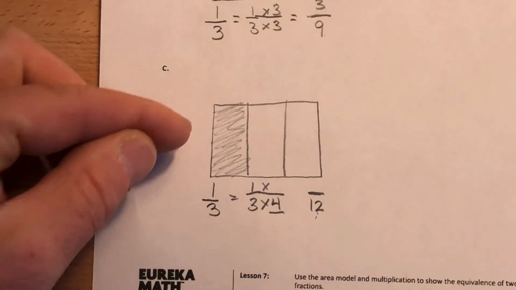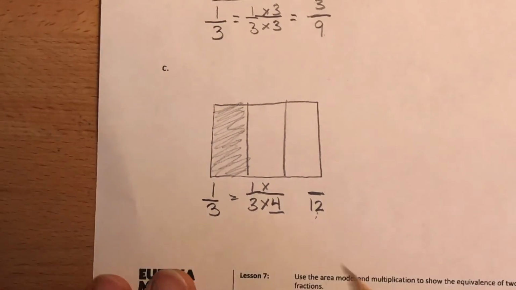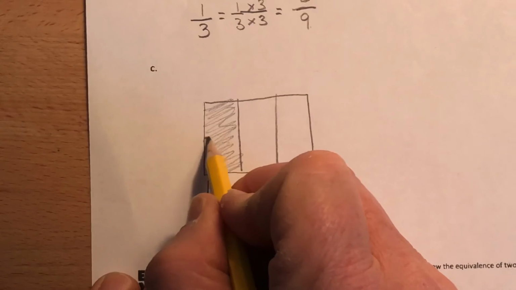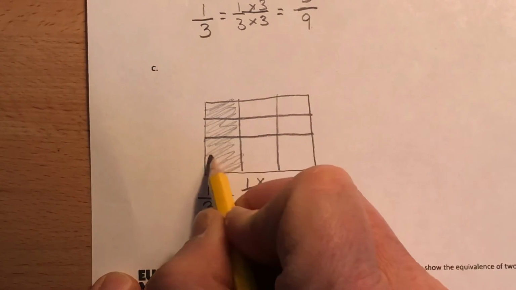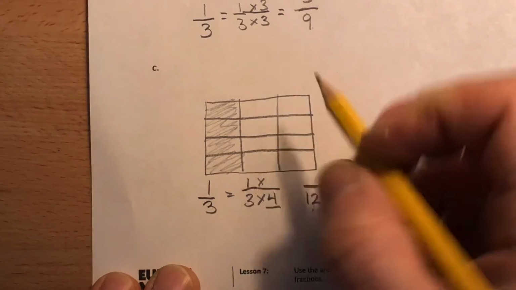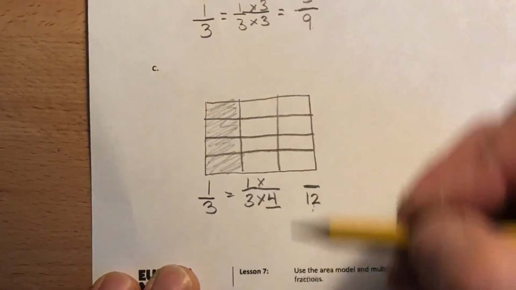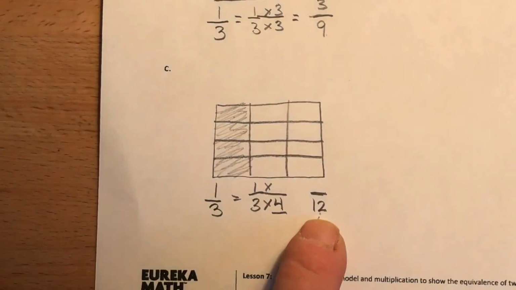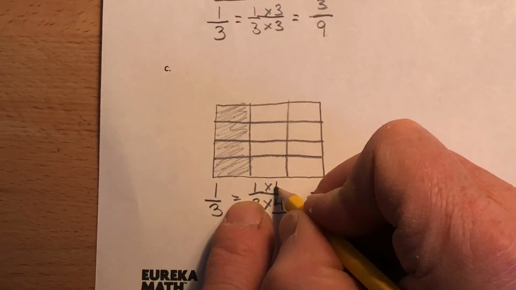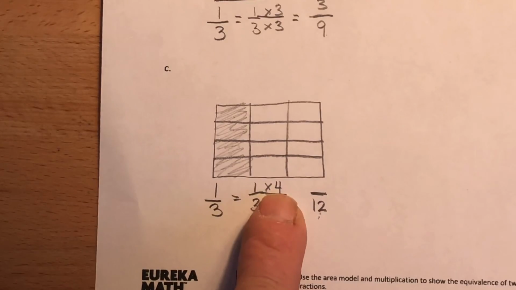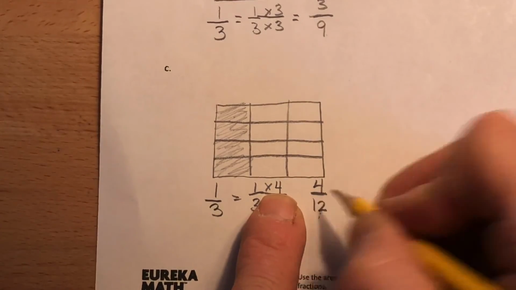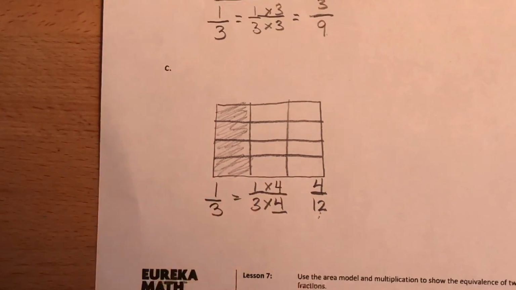So I need to get 4 rows down here. So I need to go 1 down the middle. 3 cuts going to give me 1 cut here and then 1 cut there. And end up with 1, 2, 3, 4 rows. Perfect. 3 times 4 is 12. And I must do the same thing with the top. See how my shaded area was split into 4 pieces? 4. So this turns into 4 twelfths. Okay?